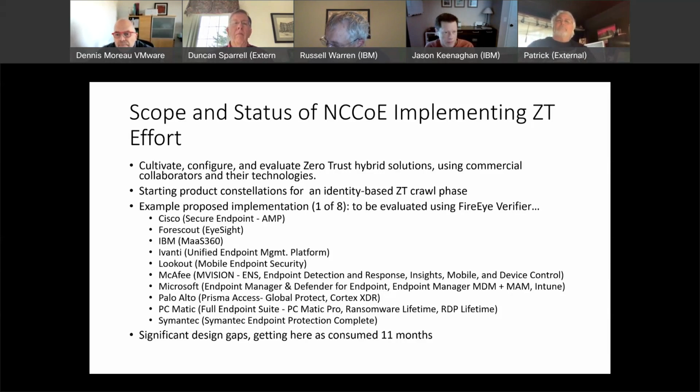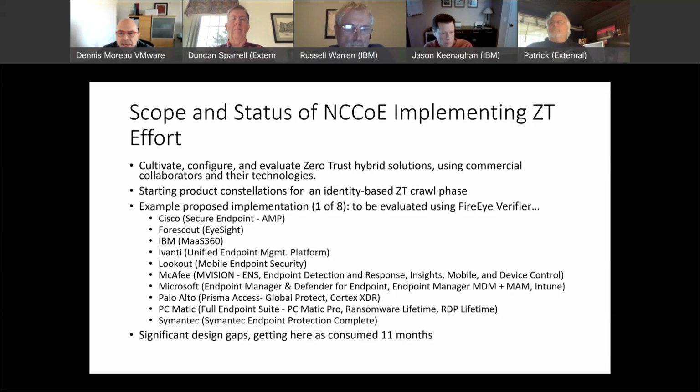In the US, the ones looking at the scope that we had described, what can we do with conventional available capabilities for existing application environments, are the people at the NCCoE, the National Cybersecurity Center of Excellence, under NIST in Rockville, Maryland.